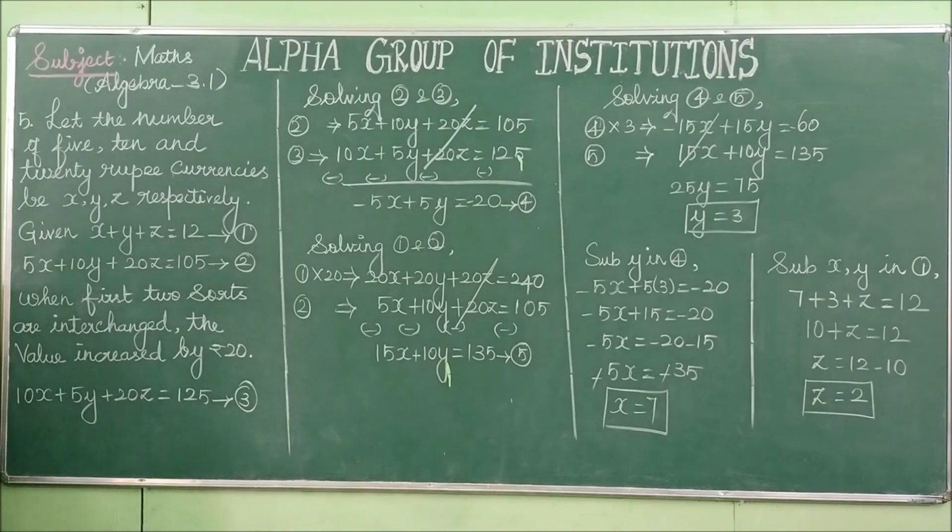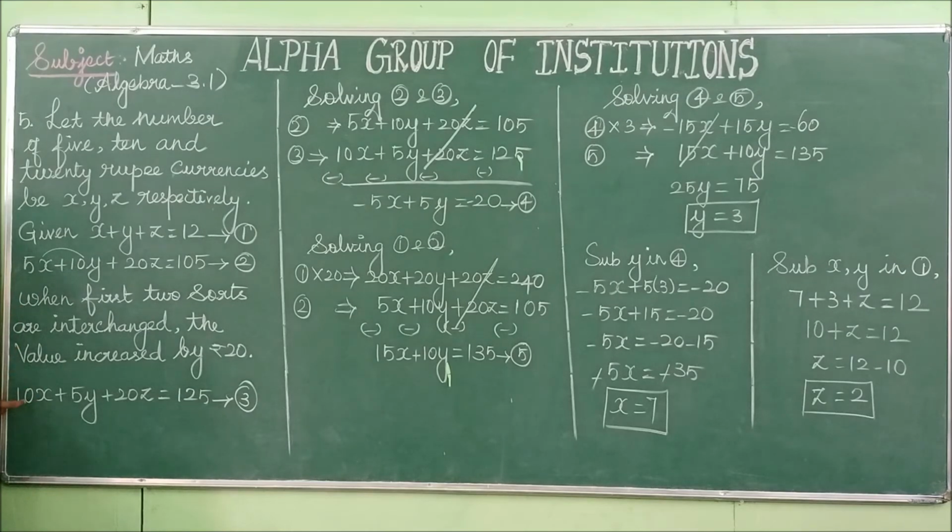Then look at the next one. When two sorts are interchanged in their numbers, its value will be increased by 20. If you change the first two sorts, x and y values, your total value will be increased by 20. So first of all, change these two values.